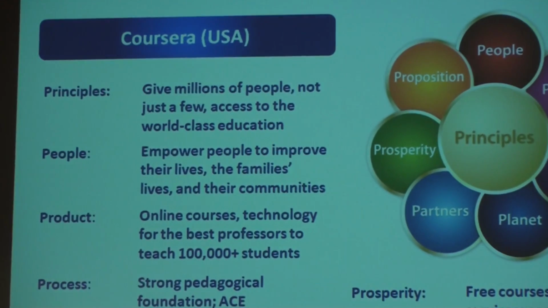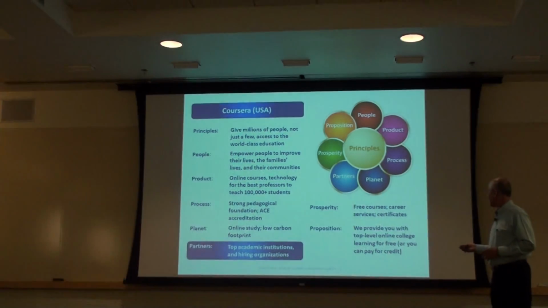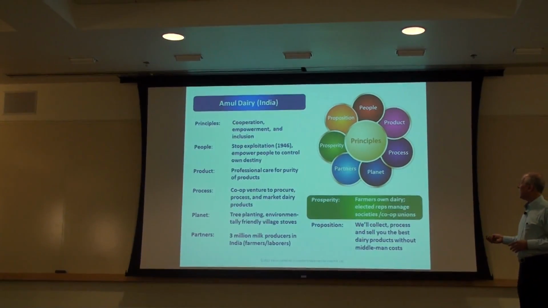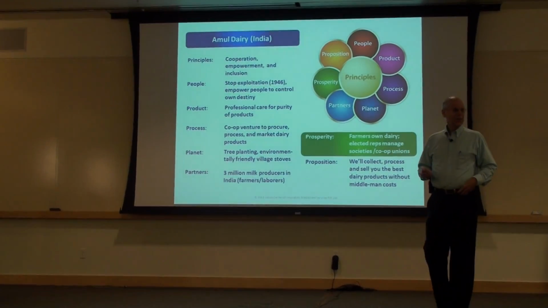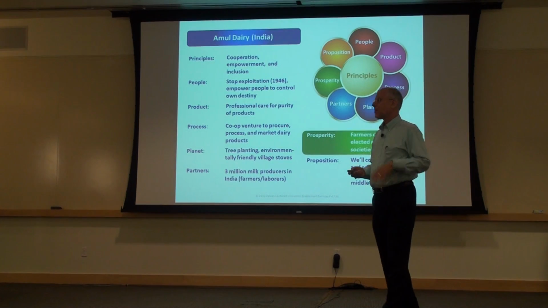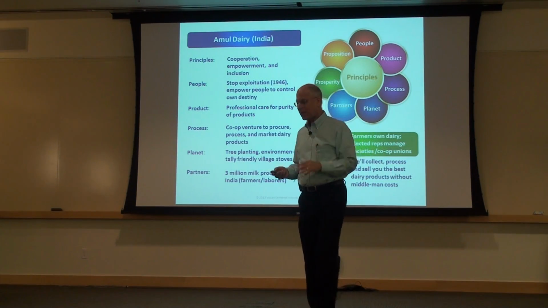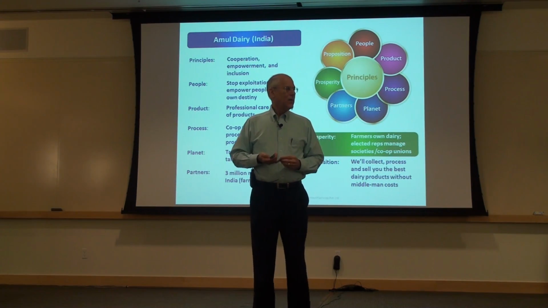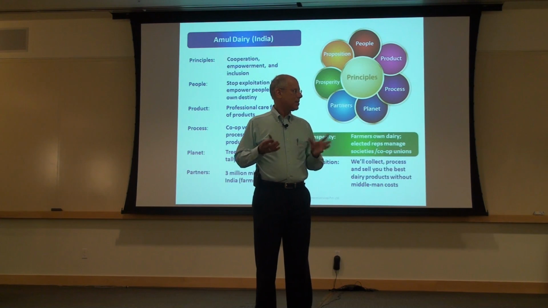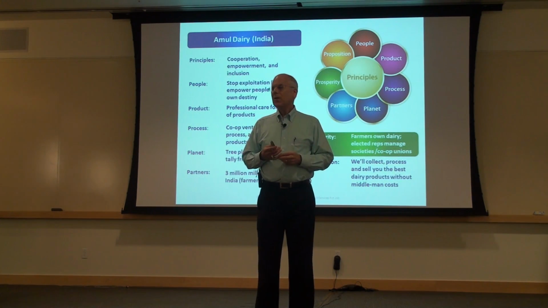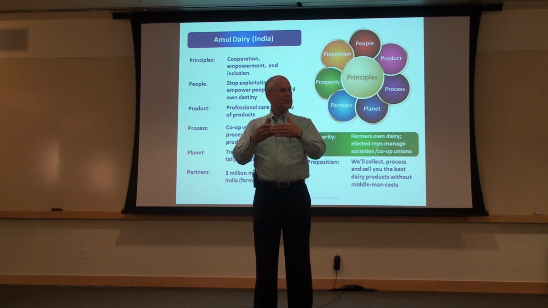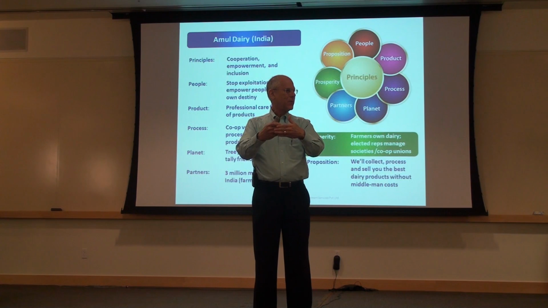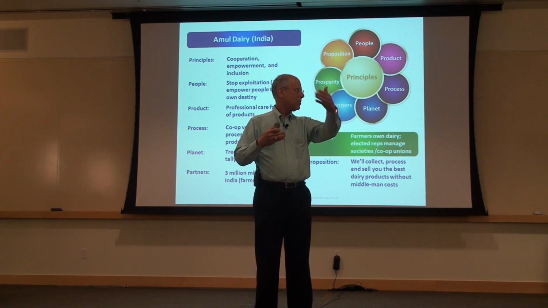The next one I want to talk about for prosperity is Amul Dairy. Those of you from India are very familiar with this brand. In 1946, up in the western part of India, the farmers who raised cows and had the dairy suffered a great deal of exploitation from the middlemen in terms of the price at which they could sell their milk, where it got distributed to, and so on.